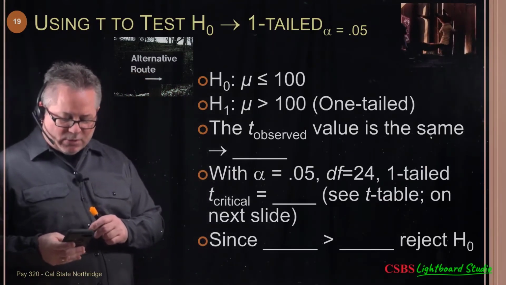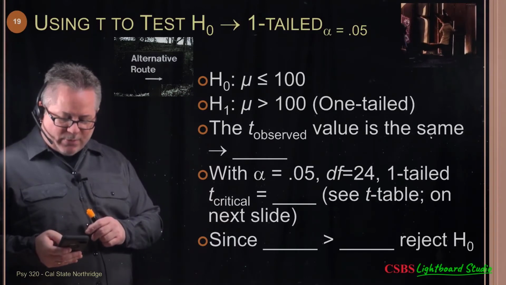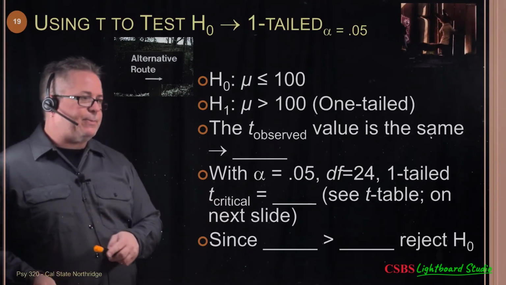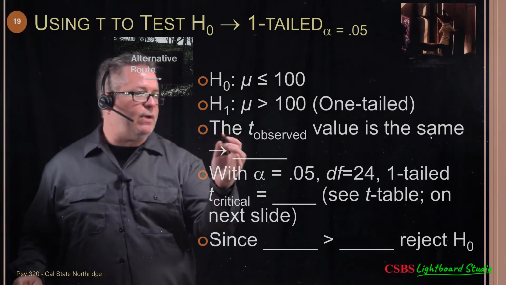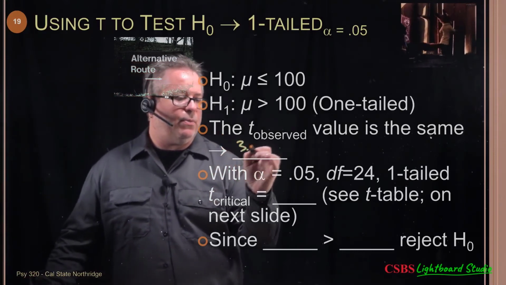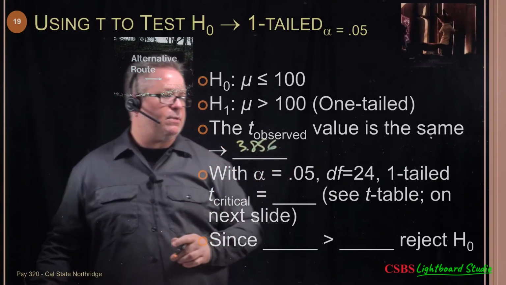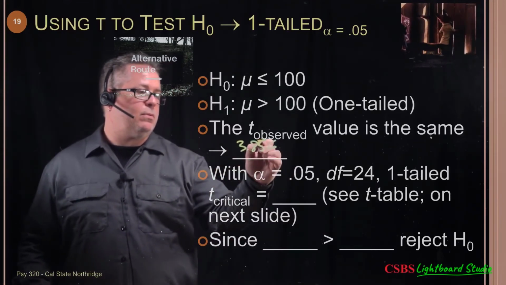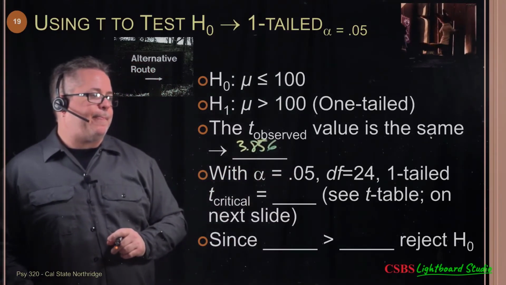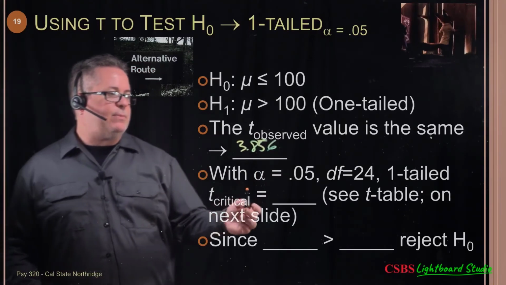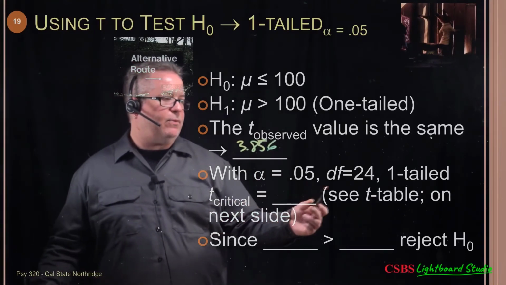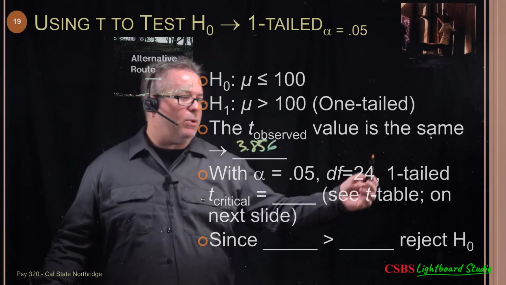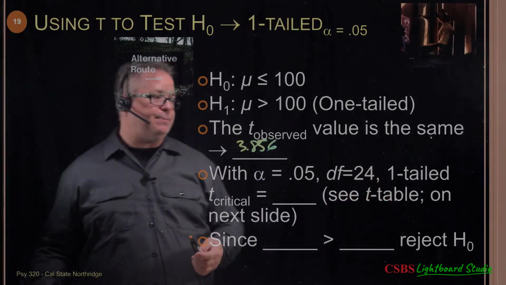I forgot what the number was. It was 3.856. So the t observed value is the same. 3.856 doesn't change. What does change is that because we have an alpha of 0.05 and degrees of freedom equals 24, I now want a one-tailed t critical.